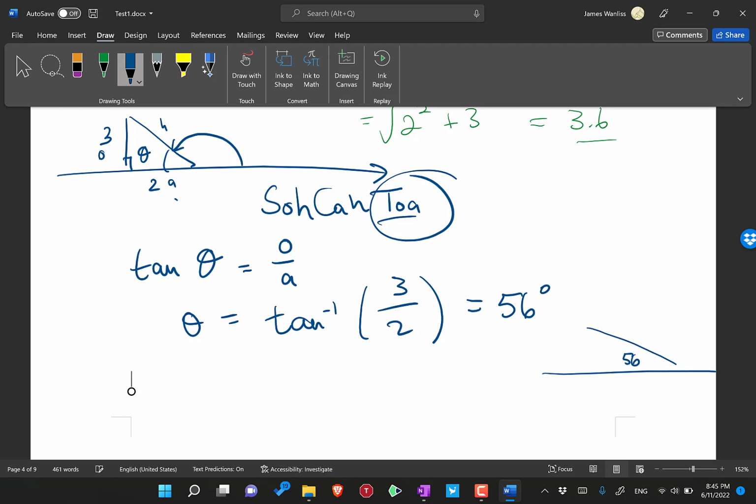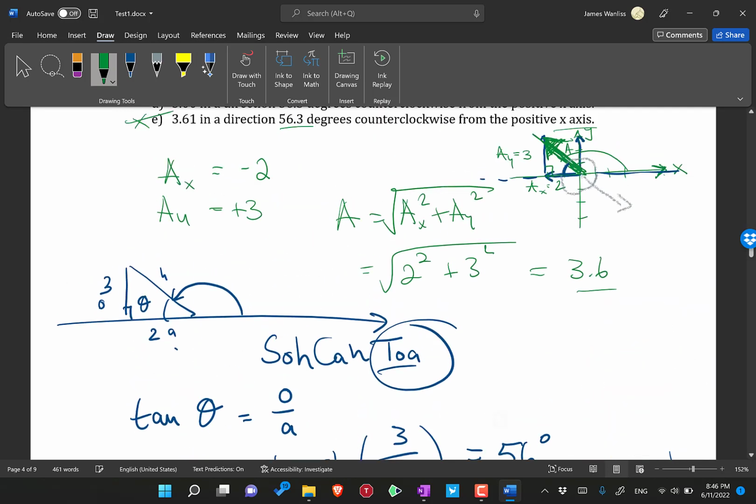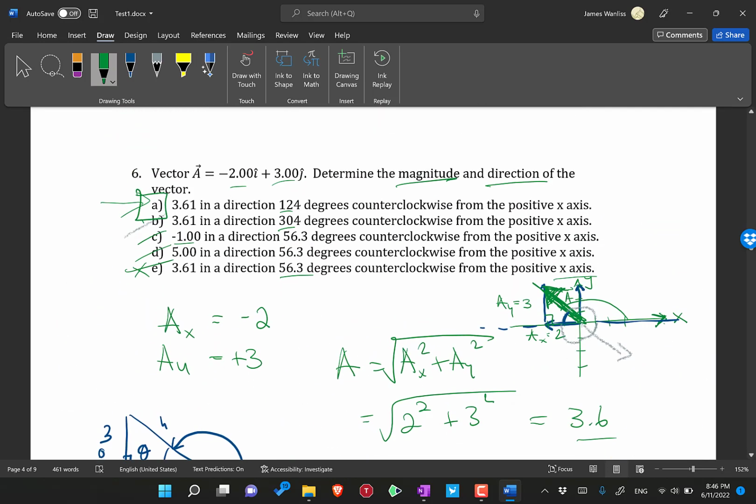We know that's 56 degrees. That's the x-axis, so all the way across here is 180. So 180 minus that 56 degrees is going to give us this angle, 124 degrees. And so when we look at the answers, 3.61 in a direction 124 degrees counterclockwise from the positive x-axis. We knew that. We're good.